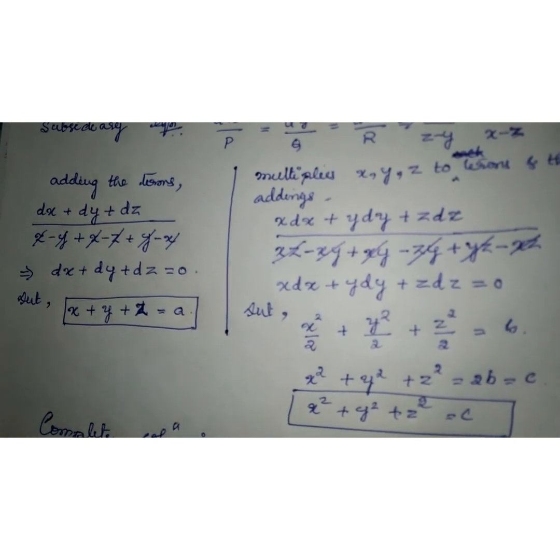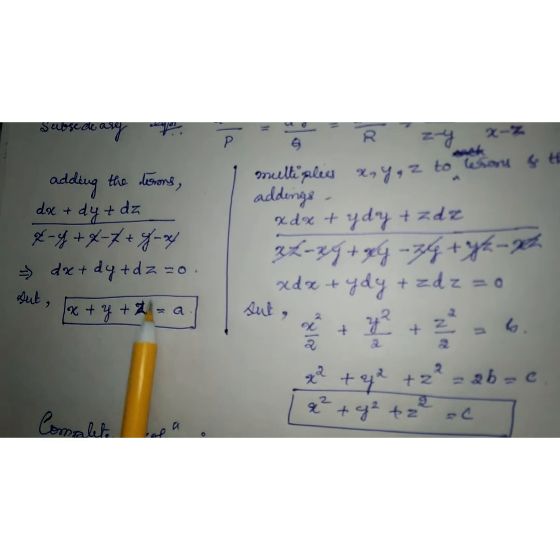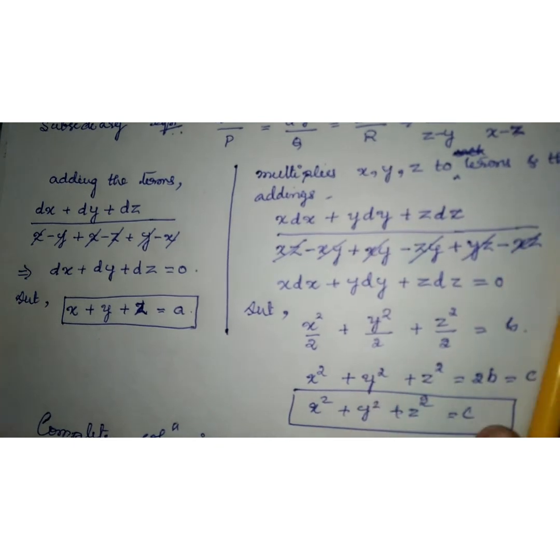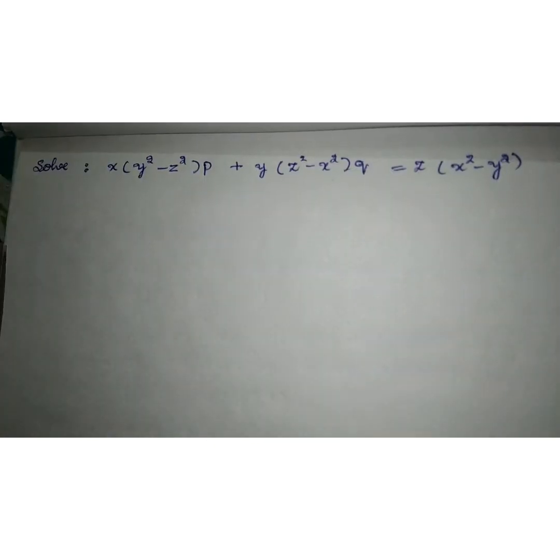There may be another way of getting the solution also. So there you can just try to get any two solutions here, which can be written in the form of f of u comma v equal to 0. The condition on the solution is that the solution should be independent. That's all. Let us move on to the next problem.